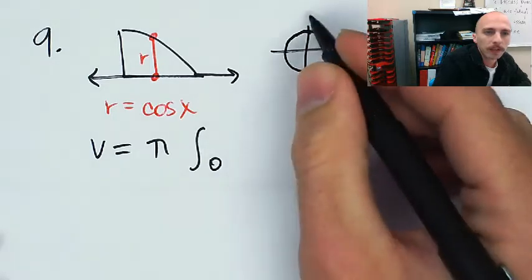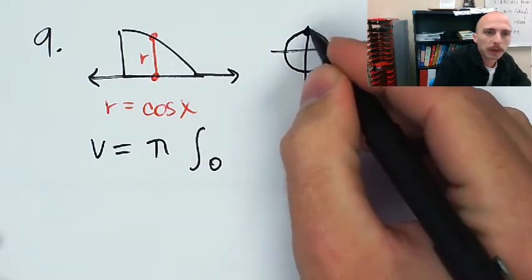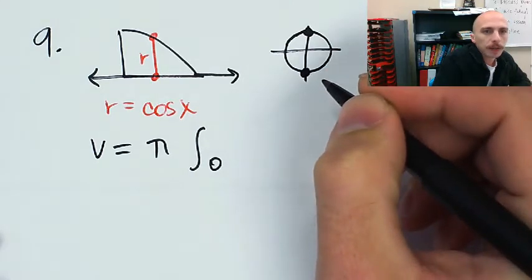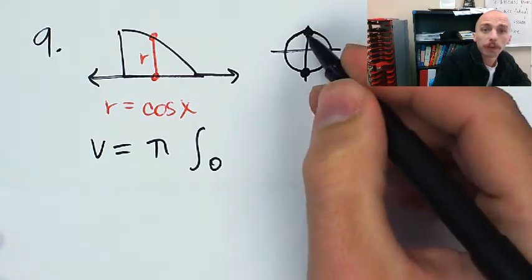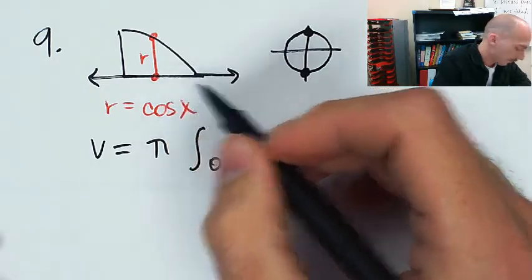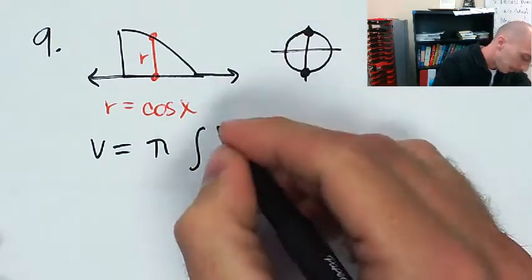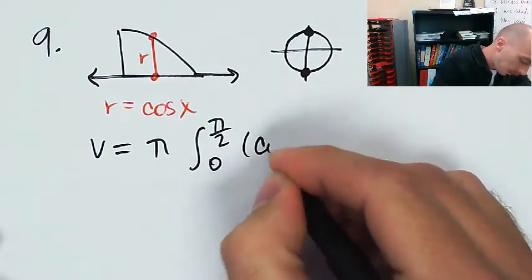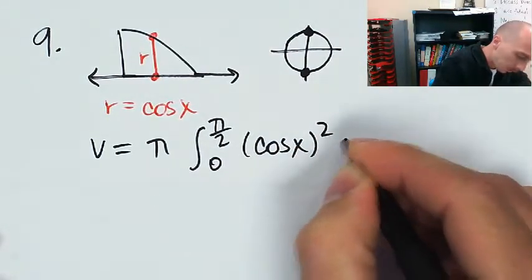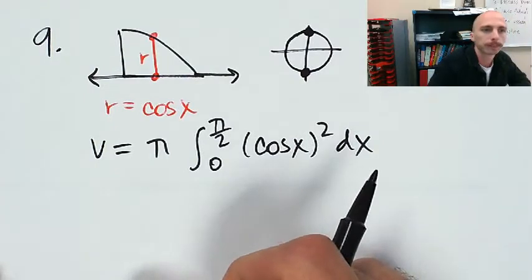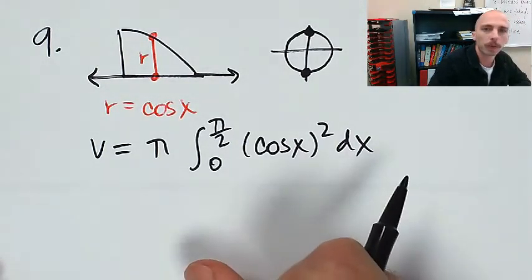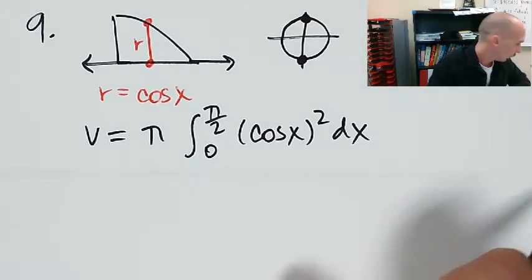Okay, it's going to be right here and right there. And that's the first time it's going to happen, on the graph. It's going to be at pi over 2. Of r squared is cosine x squared dx. Okay. And, well, that's an integral that's going to represent what we've got.